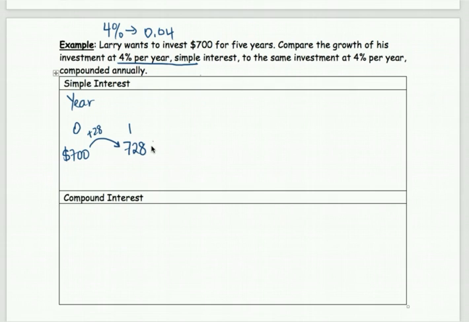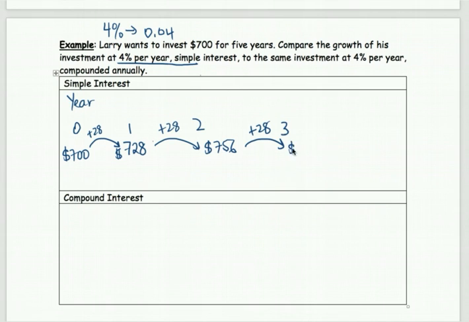Okay, so now we want to calculate how much we're going to have for our next year. After the second year, because it is simple interest, we go back and calculate the amount on the original amount that we added. So we just get 28 for the next year. Then we're going to add that to the 728 that we have, and we have now $756. Okay, so another year later, we're just adding another 28. $784.